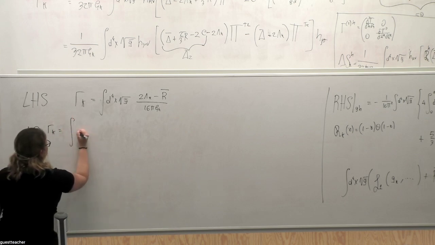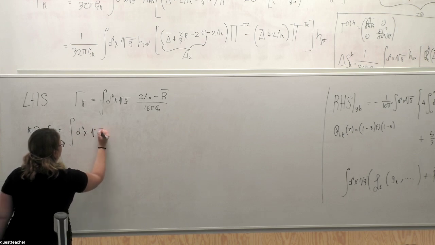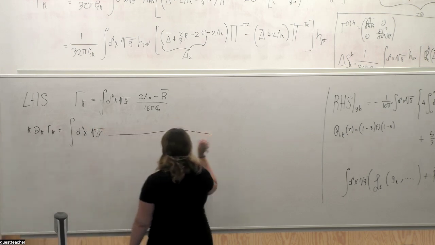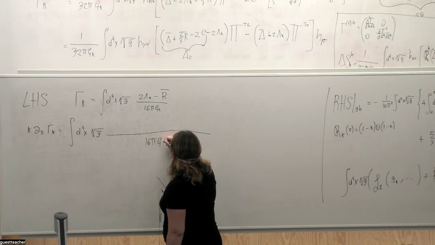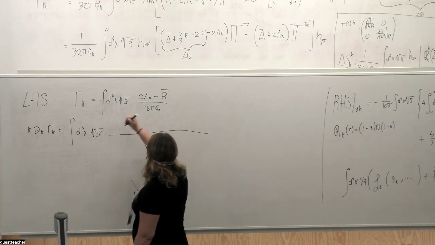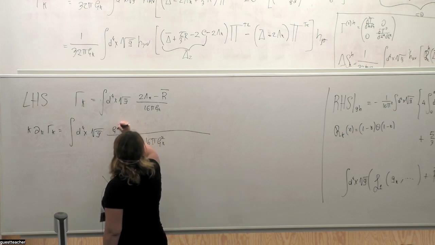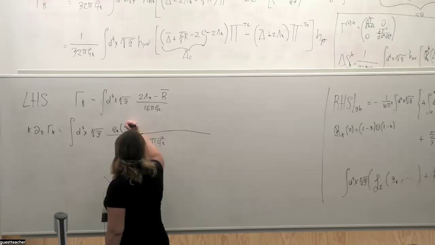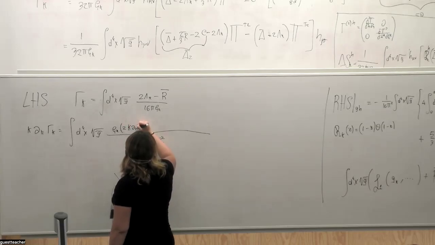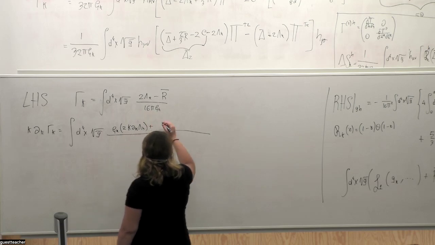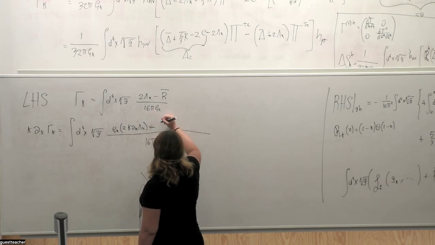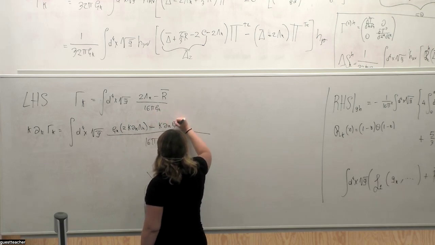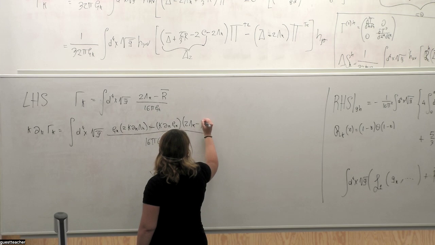I obtain this term here, and then here I will have 16 pi G_k squared, and then G_k that multiplies 2 k d_k Lambda_k, minus k d_k G_k times 2 Lambda_k minus R bar, yes.